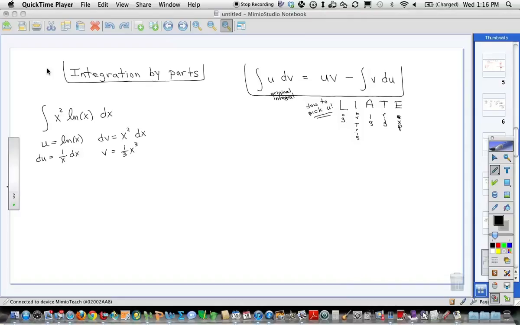So we follow the formula: u times v, 1/3 x cubed times ln x, minus the integral. Notice there's no integral on that first term. It's just u times v, minus the integral of v, which is 1/3 x cubed, times du, which is 1 over x dx.